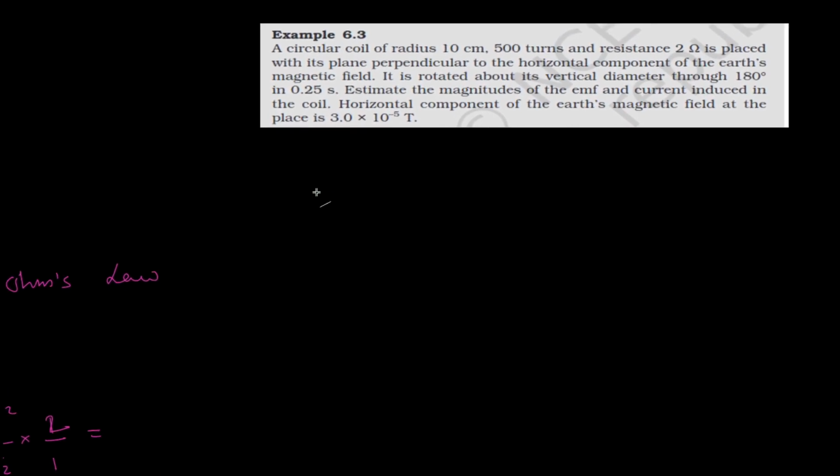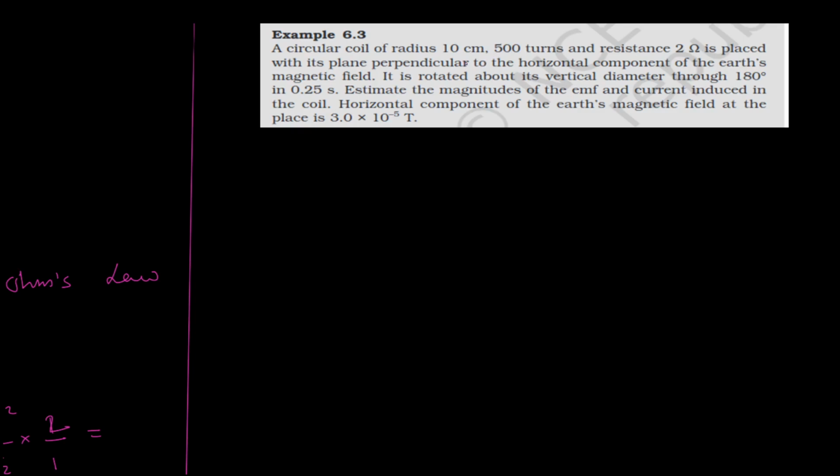All right. Let's see what we have here. We have a circular coil of radius 10 centimeter and 500 turns. So I have a circular coil this time. 500 turns, and resistance 2 ohm, placed with its plane perpendicular to the horizontal component of Earth's magnetic field.